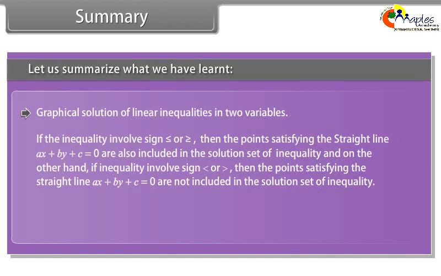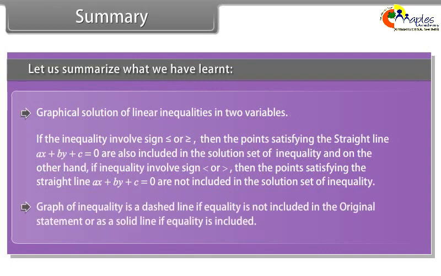And on the other hand, if the inequality involves the sign less than or greater than, then the points satisfying the straight line ax plus by plus c is equal to 0 are not included in the solution set. The graph of an inequality is a dashed line if equality is not included in the original statement, or a solid line if equality is included.